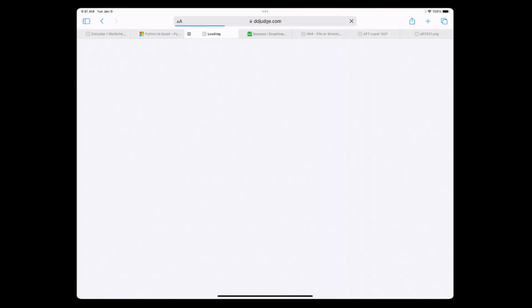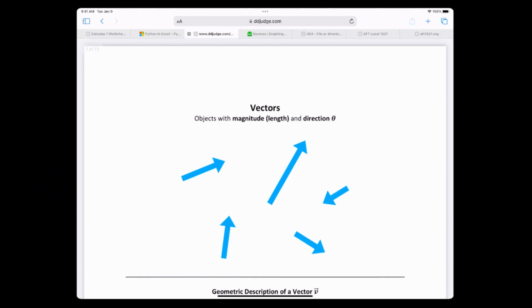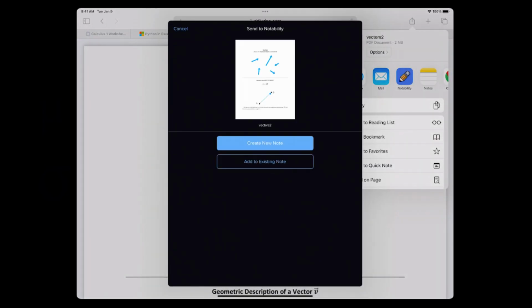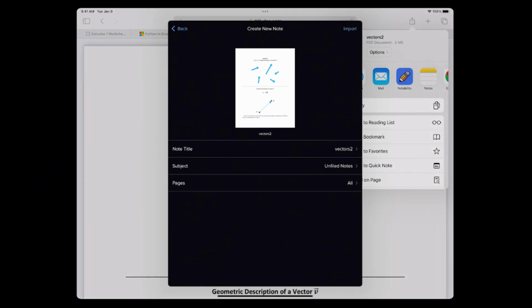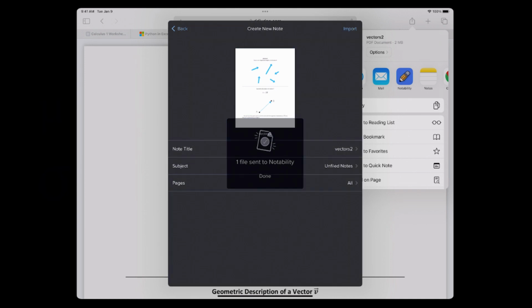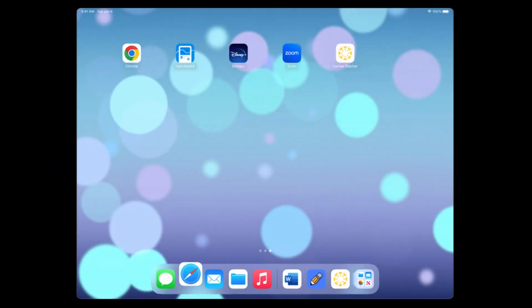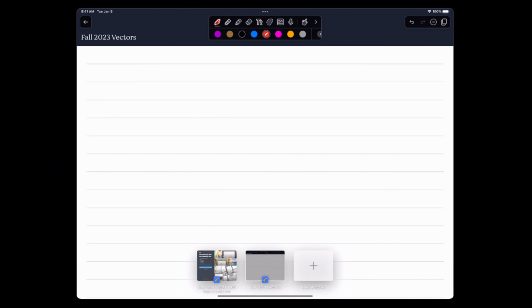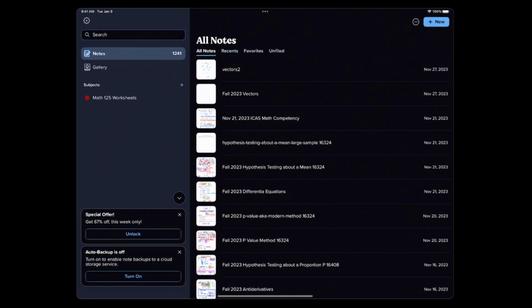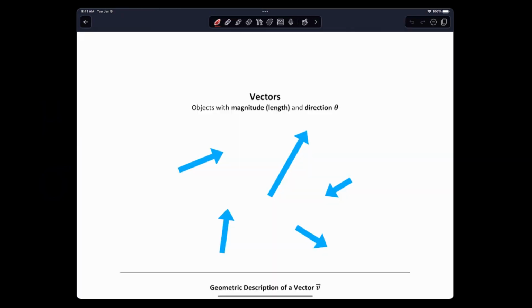Okay, so we're going to give it some time to wake up, and then we're going to import this into Notability. Okay, here we go. Vectors, ladies and gentlemen.